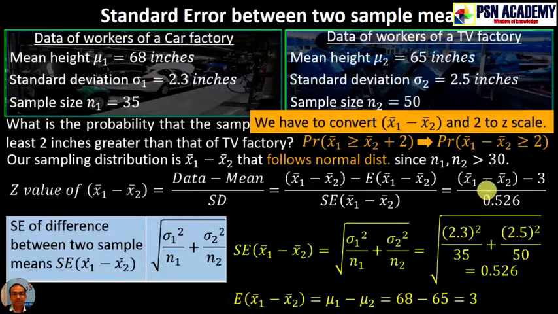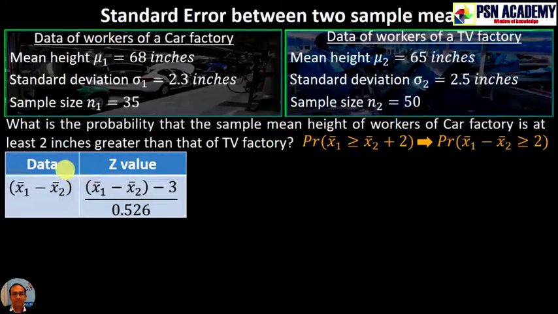So this is the z value of this expression, this difference. You see in this table, the z value of x1 bar minus x2 bar is x1 bar minus x2 bar minus 3 divided by 0.526. That means you are subtracting 3 and dividing that difference by 0.526 and you get the z value.